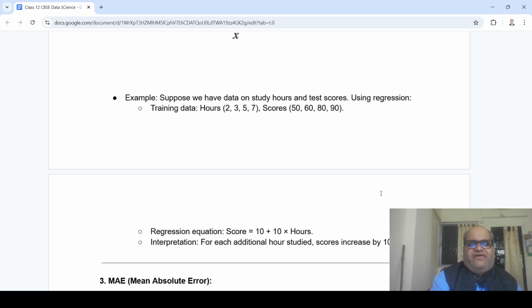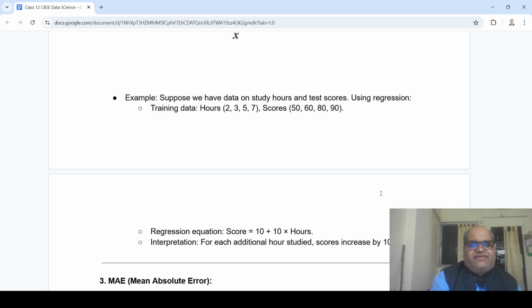So then you have your regression line as 10 plus 10 times hours, and if you don't study anything, you get 10 marks. So that's the initial offset that we are talking about. Even if you don't study, you might get some marks. So say 10 plus 10 into hours. Now how to interpret it: if someone studies 1 more hour, he's going to get 10 more.